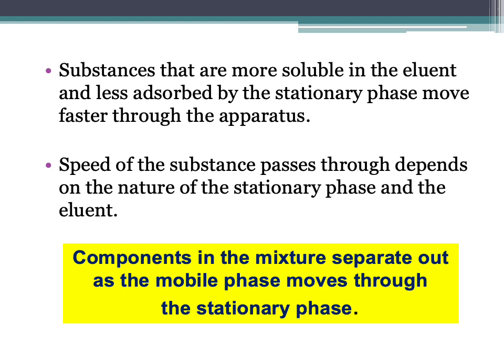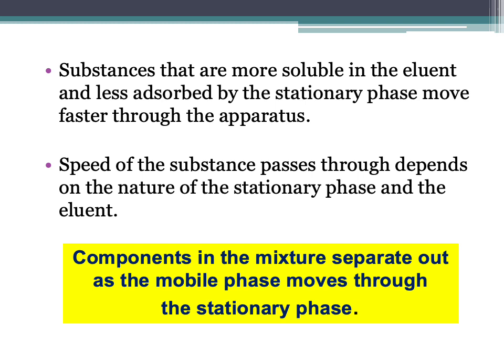So substance yang kurang soluble, yang kurang larut dalam eluent tu, dia akan absorb dahulu. Dia akan absorb dahulu oleh stationary phase. So yang lebih soluble, dia akan kurang absorb oleh stationary phase. So dia akan melalui apparatus. So kita tengok dulu ya.